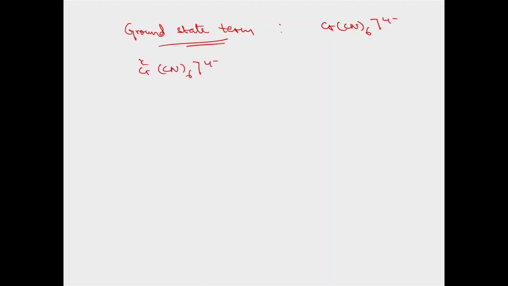If we consider it as X, then CN carries a charge of -1, and there are 6 CN ligands. So X plus 6 into -1 is equal to the overall charge of the complex, -4. So X minus 6 is equal to -4, or X is equal to +2. So chromium is in +2 oxidation state.